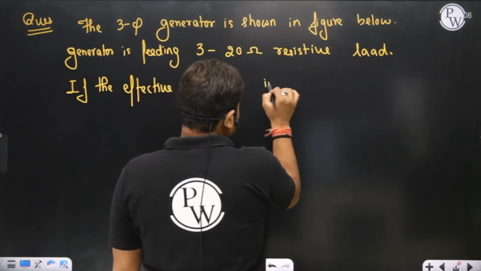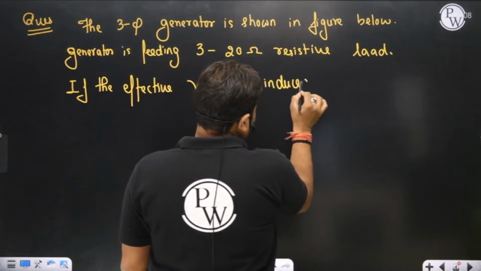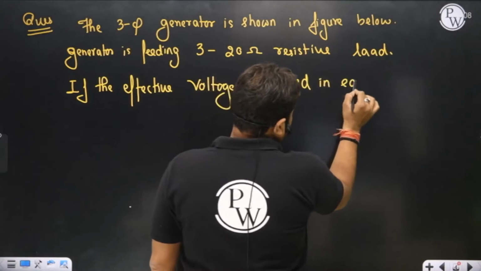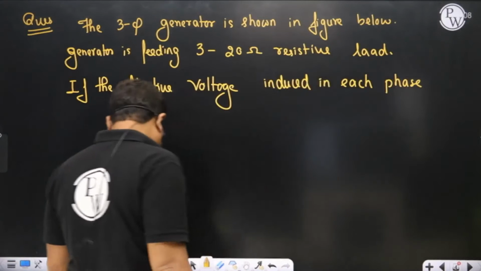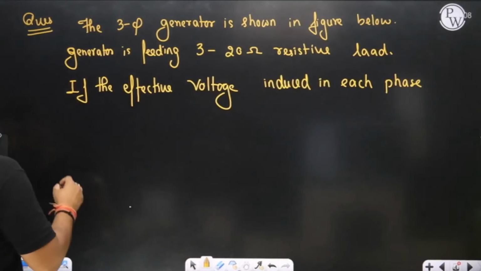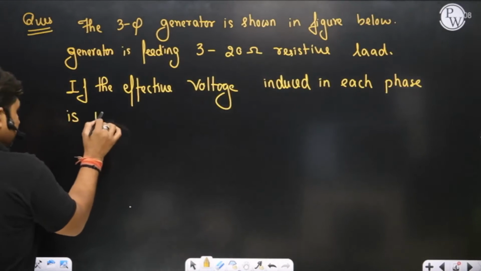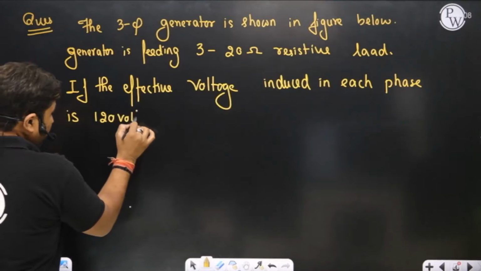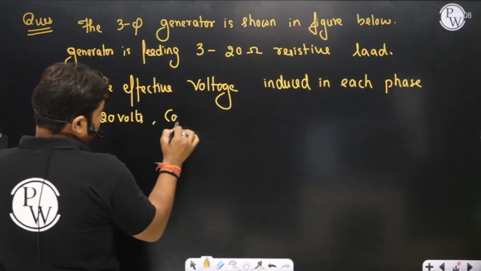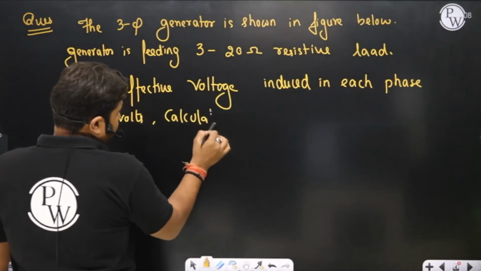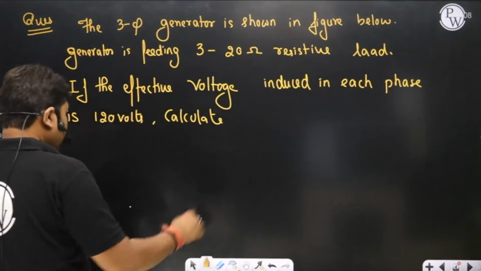If the effective voltage induced in each phase is 120 volts, calculate the following.